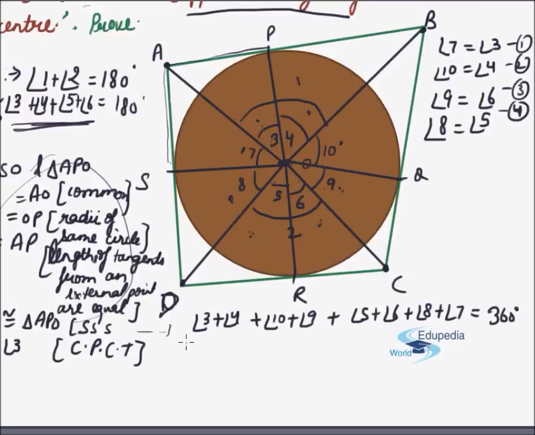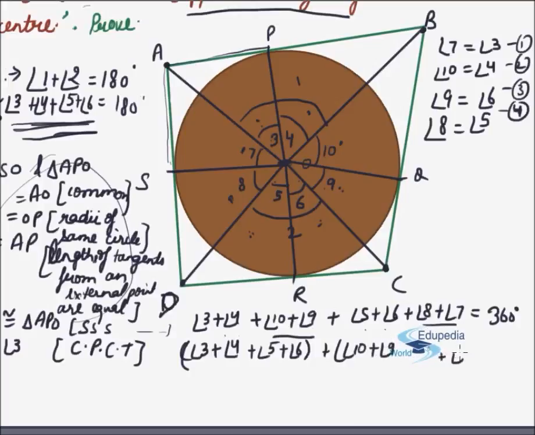Now let us bring together the angles we need: angles 3, 4, 5 and 6. And the remaining angles are angles 10, 9, 8 and 7.